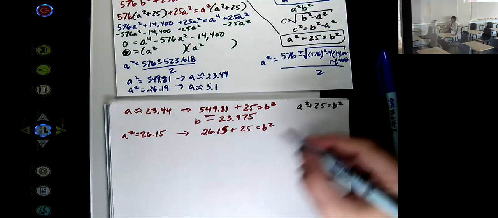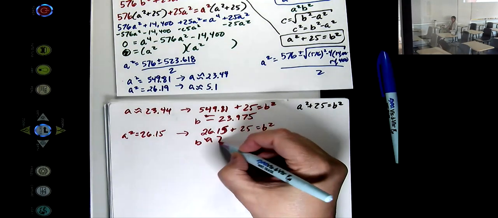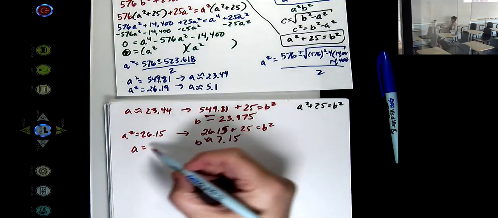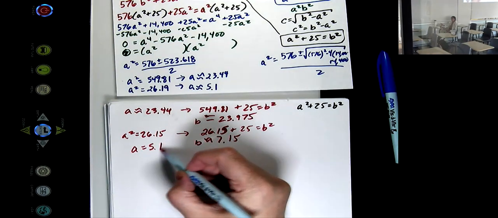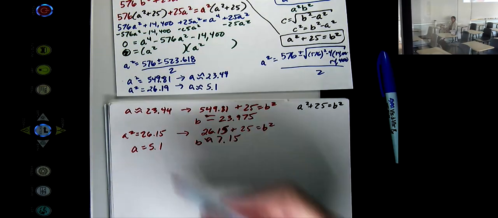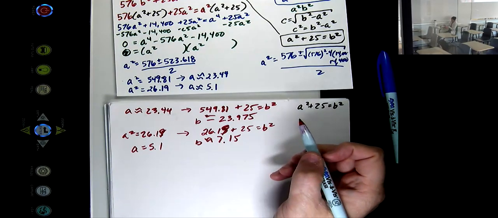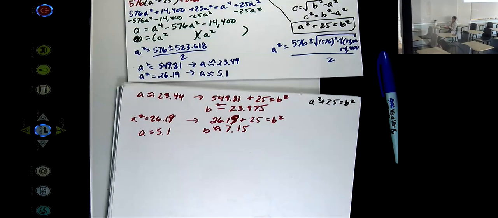And so here B is approximately 7.15. Here A was 5.1-ish. I don't think it's going to change B much. Nope, still 7.15. Excellent.